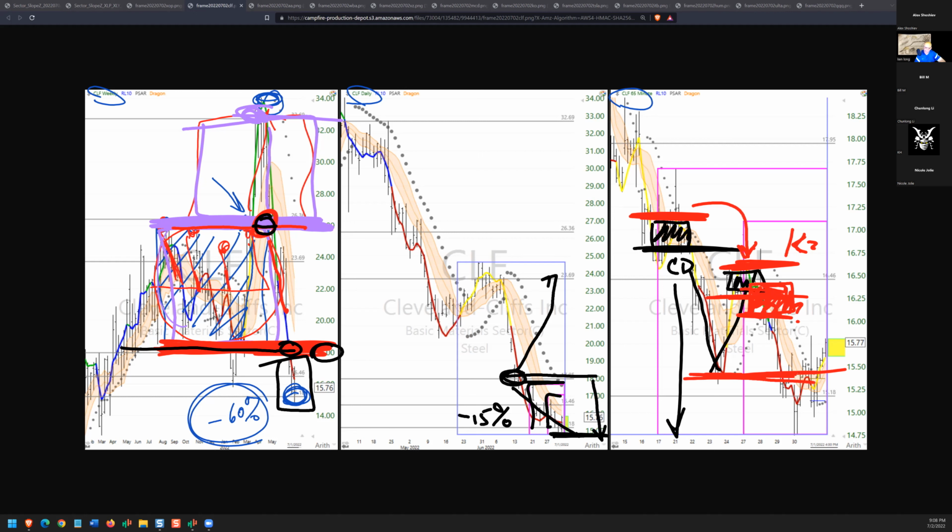And now when the belly of the dragon and then the belly of the RL10 break, you get a rapid sell-off and a really rapid sell-off.